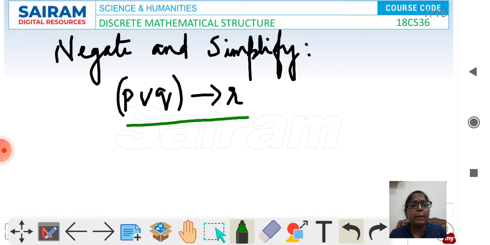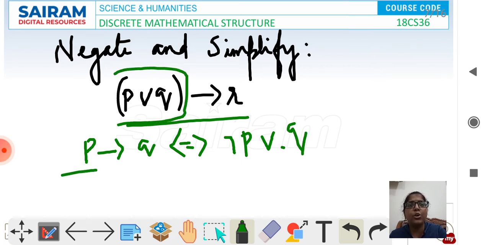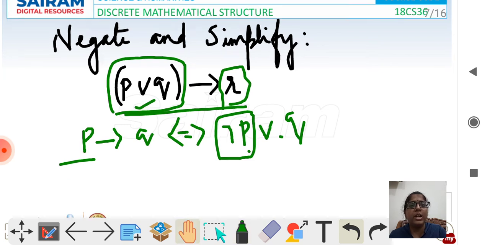So how can you replace this? What is the result we have seen there? P implies Q is logically equivalent to negation P or Q. So instead of P, we have here P or Q, implies R. So what will you replace? It is negation of P or Q. Instead of P, we have the whole term. So how will you write it?